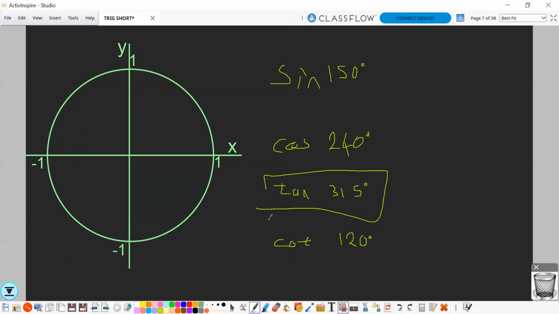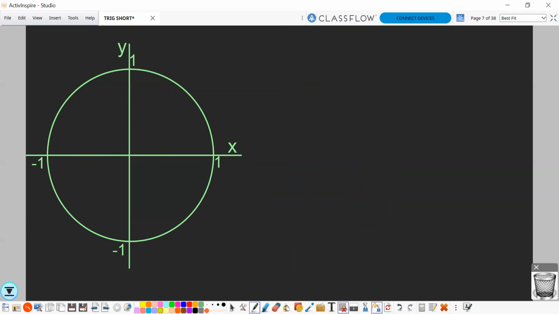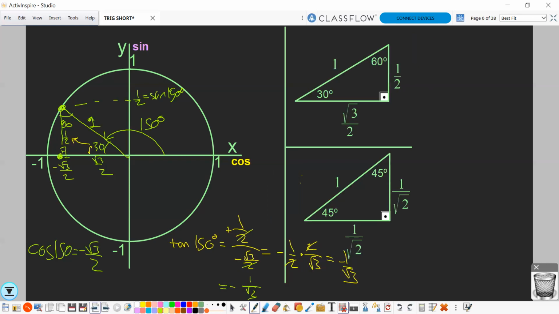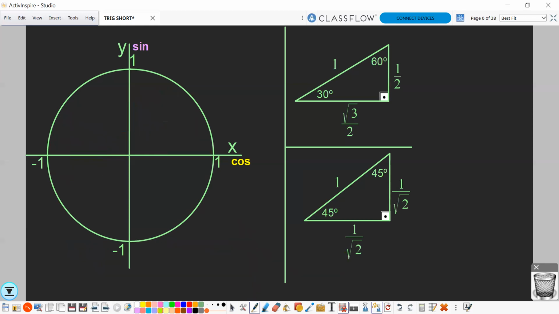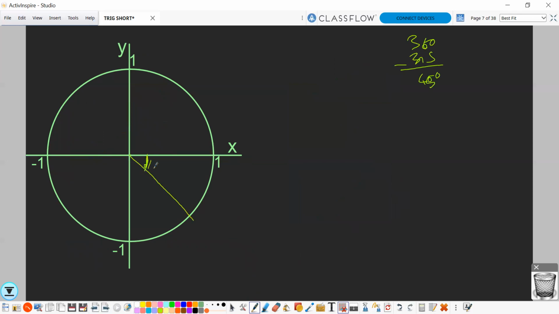Let's do something like that, tangent of 315. So 315 degree is right before the 360. So 360 minus 315, you will find that it's 45 degree. By the way, when you show the angles in here, let's say 240 degree in the previous triangle, always show the angles next to the x-axis. I have shown the previous one next to the x-axis, not the ones with y. In here, I am showing with the x-axis, which is going to be 45 degree, and I want to find tangent 45 degree.